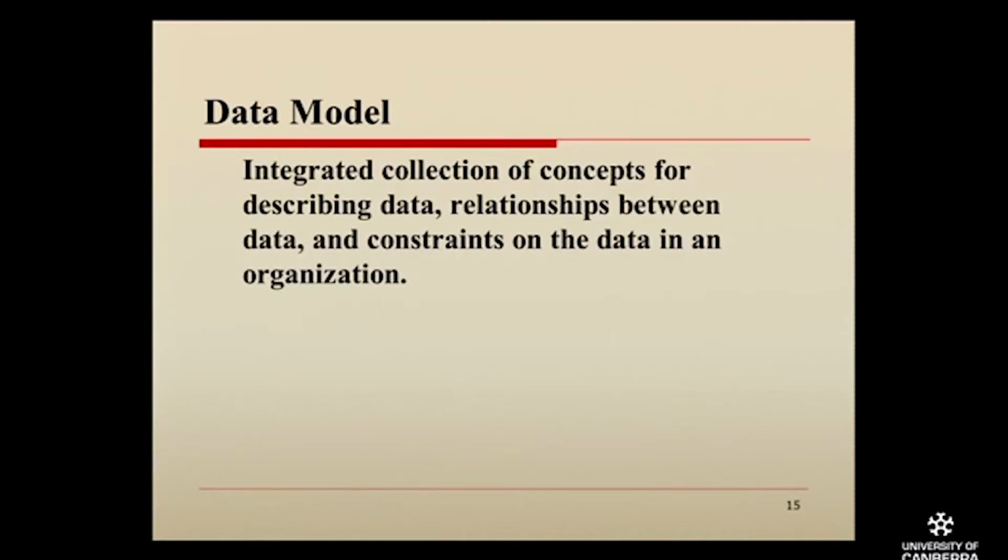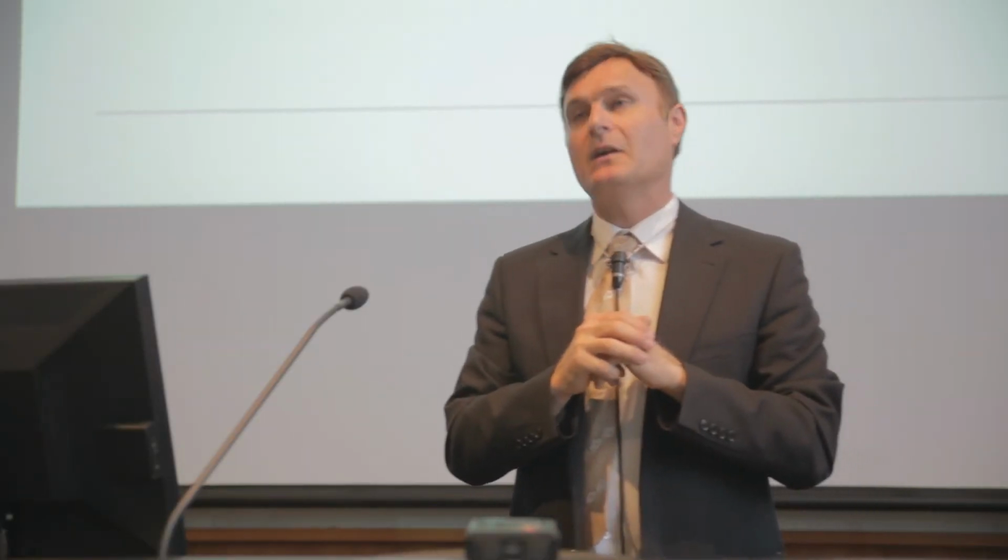For example, the name of the data, like a student number, a student name, address, the type of the values that may be stored in that, and the relationship between those data. In reality, a data model should provide you with certain tools for describing the data that you need and the relationship that the data items may have with each other.